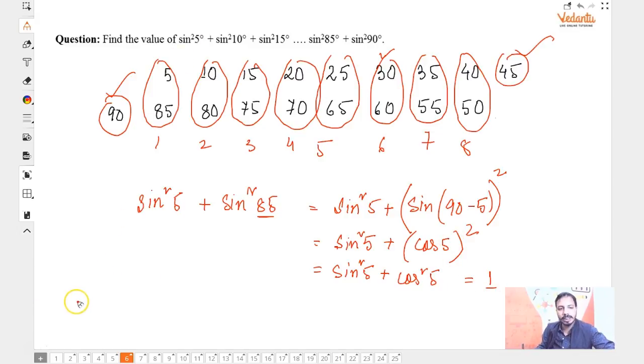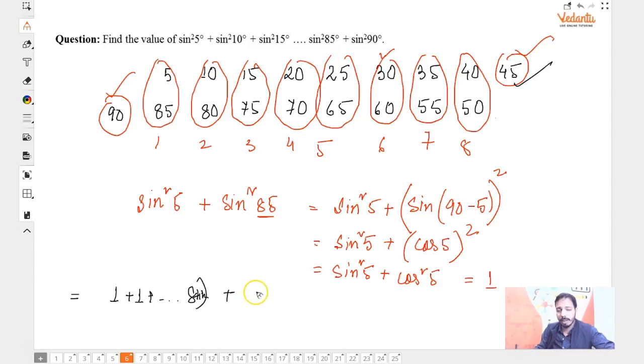So what is the solution then? I will have 8 such pairs, so I will have 1 plus 1 plus 1 up to 8 times, 8 times, okay? And then what I have here is 45.